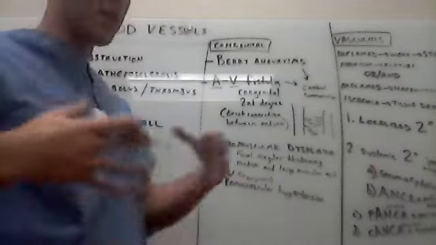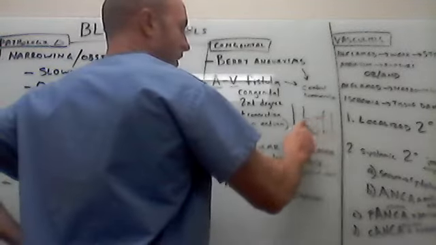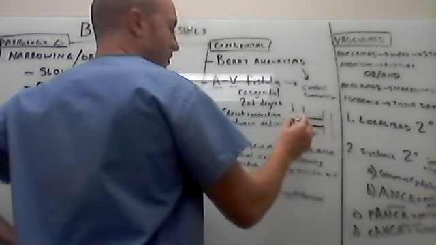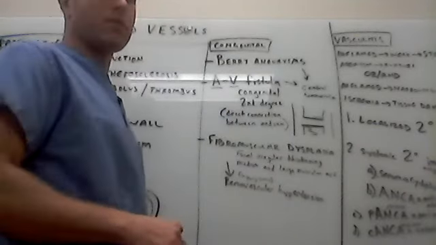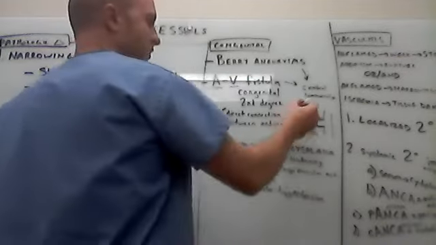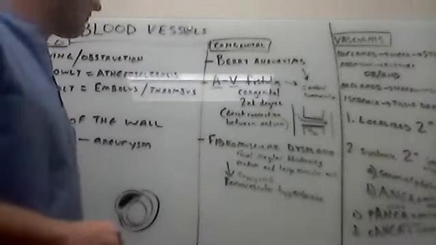That's good because then it can oxygenate all the surrounding tissue. But in the case of an AV fistula, essentially you get a shunt. It bypasses the capillaries and those vessels and just sends the blood right over from the artery to the vein.